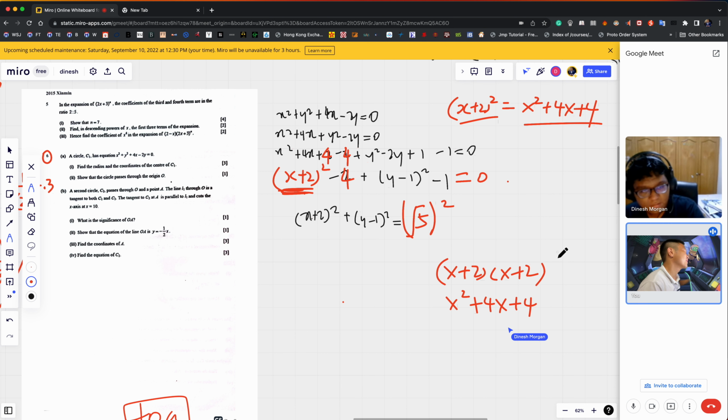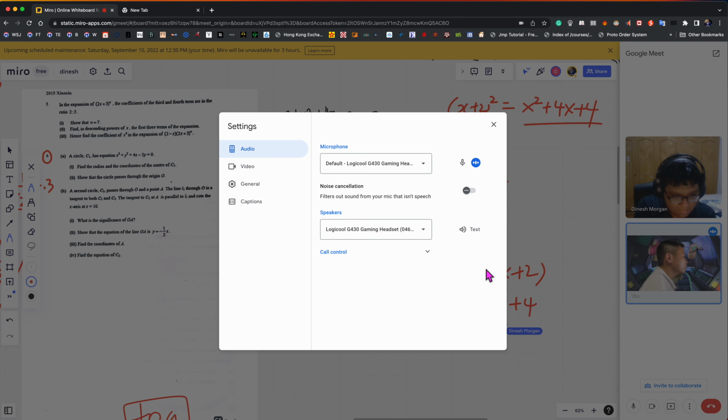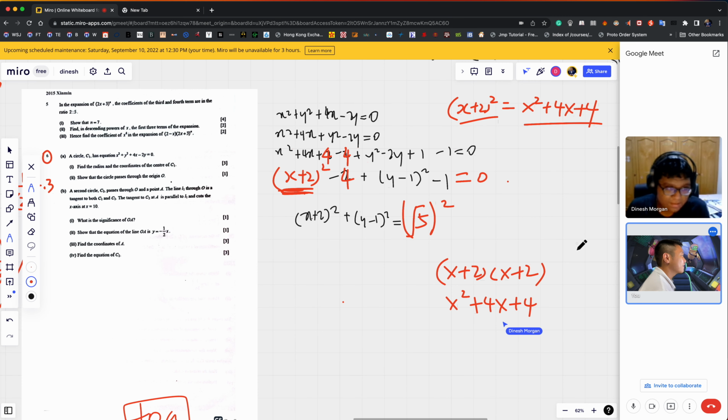Okay, that's also one very common mistake. It shows that once you set your mind to that, it's very hard to change your mind. Somehow you only want to see what you want to see. Never mind.